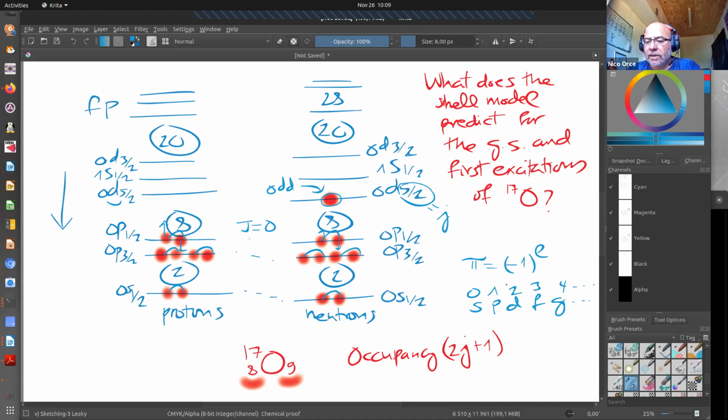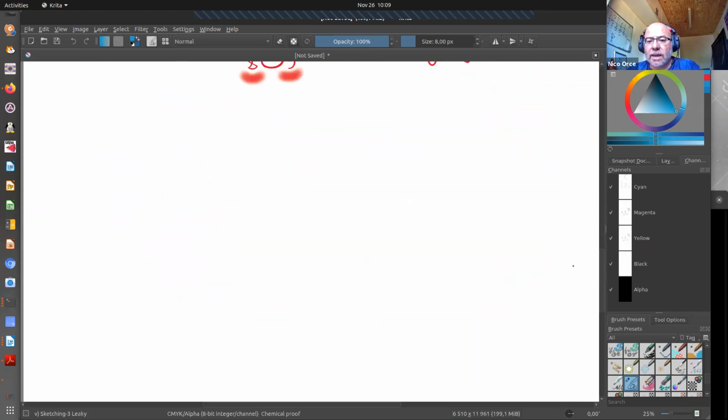So the D is obviously even, so the parity will be positive. That's why, if we compare this with the experimental data, we see that the ground state of oxygen 17 with 8 protons and 9 neutrons is a 5/2 plus.